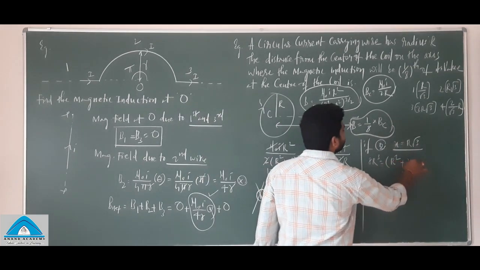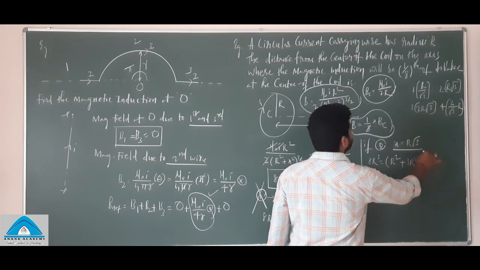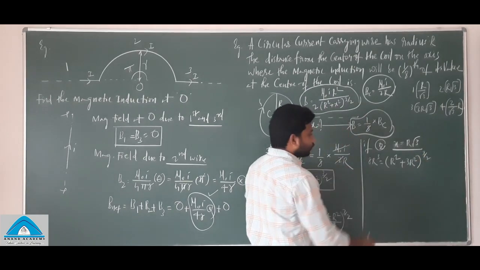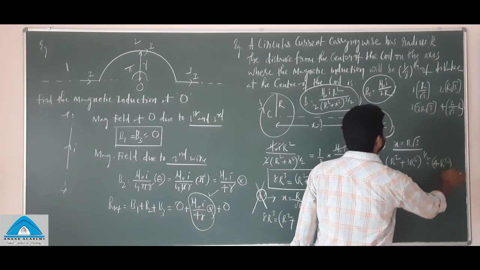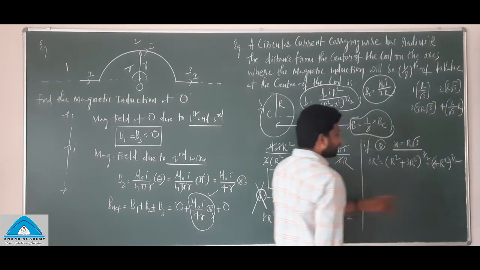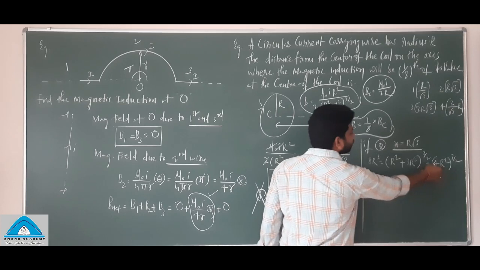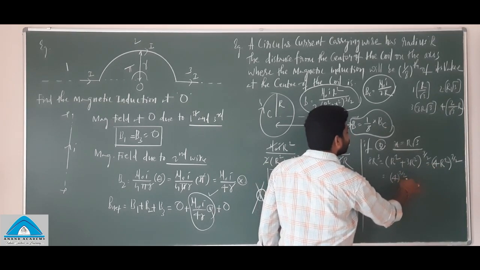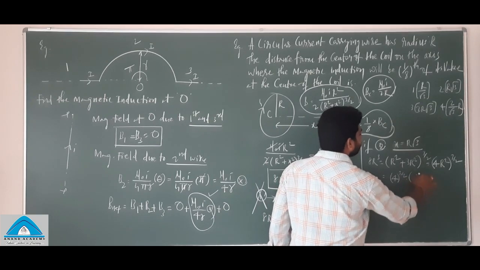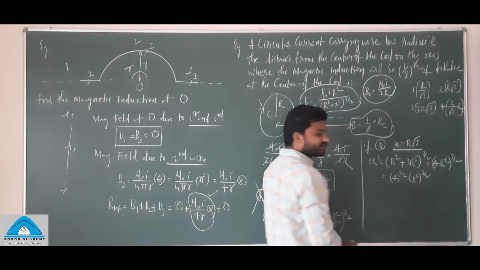So that is r square plus 3r square, whole to the power 3 by 2. So what can I write here? 4r square whole to the power 3 by 2. And you see here, this 4r square I can write as 4 to the power 3 by 2 into r square to the power 3 by 2.